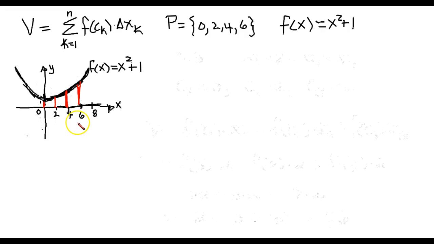In this particular problem, they're asking us to evaluate this Riemann sum using the left endpoints. What that means is for each subinterval that's given here, I'm going to look at the left side where the graph and the rectangle intersect.